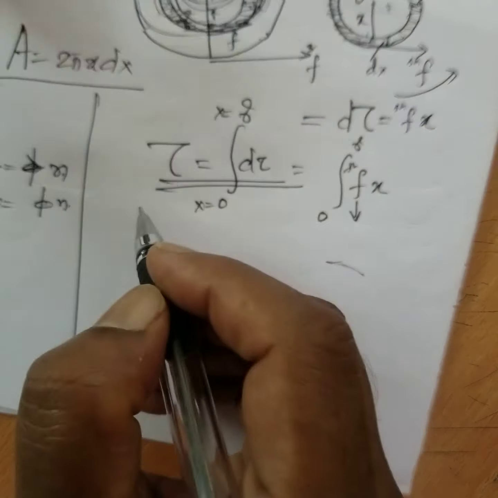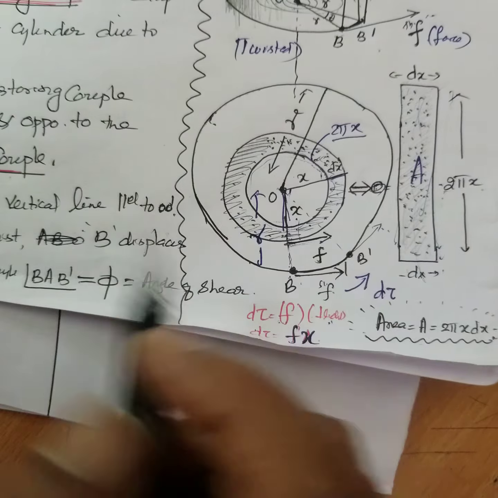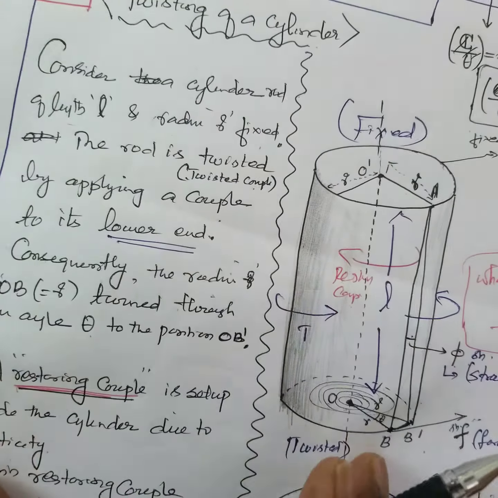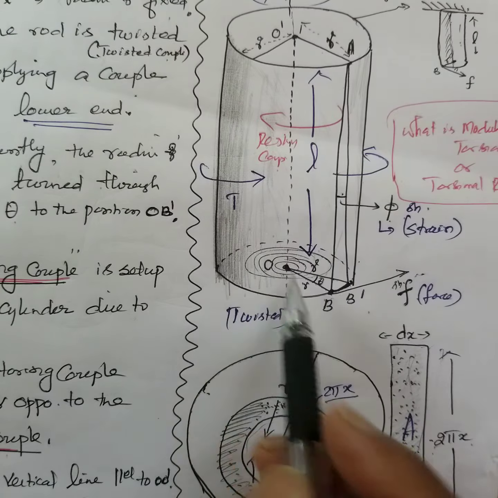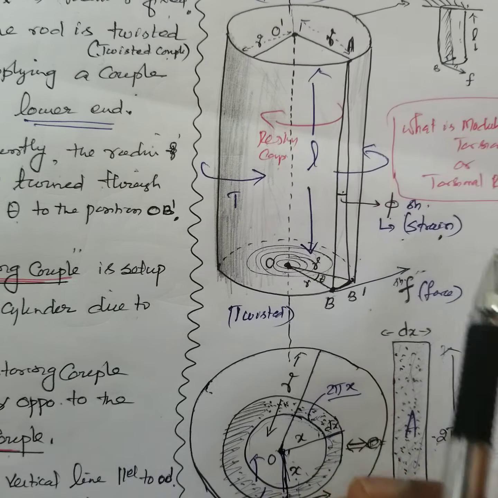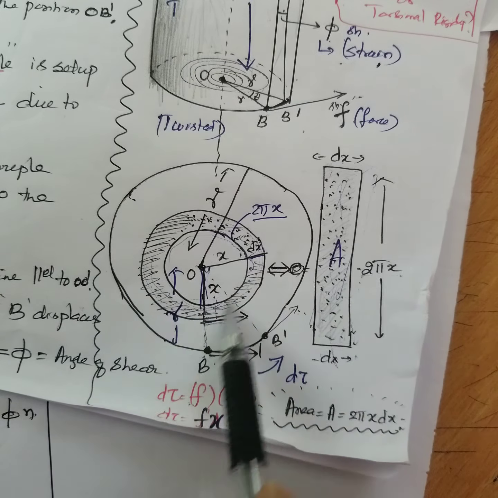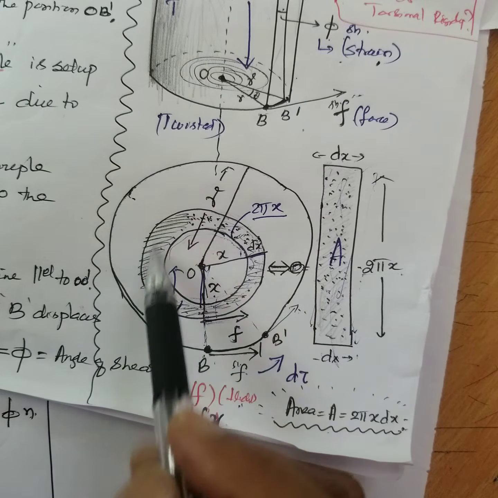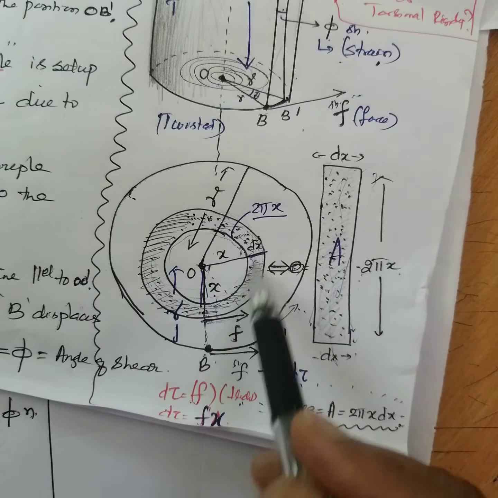Therefore, look. If you read the notes, this already I have done in the regular class. Here I am applying the force because of this strain, and the stress is on this area. If you consider a small annular ring, then what is that stress acting on this area?